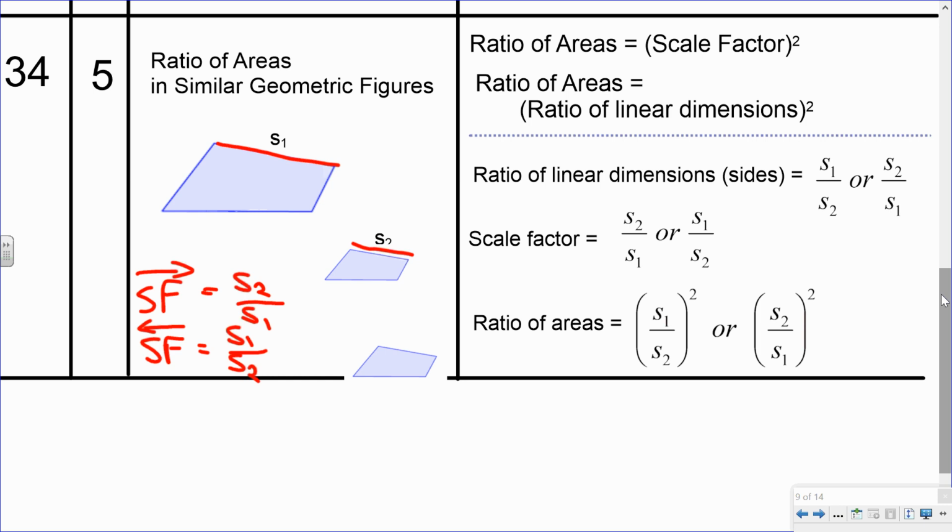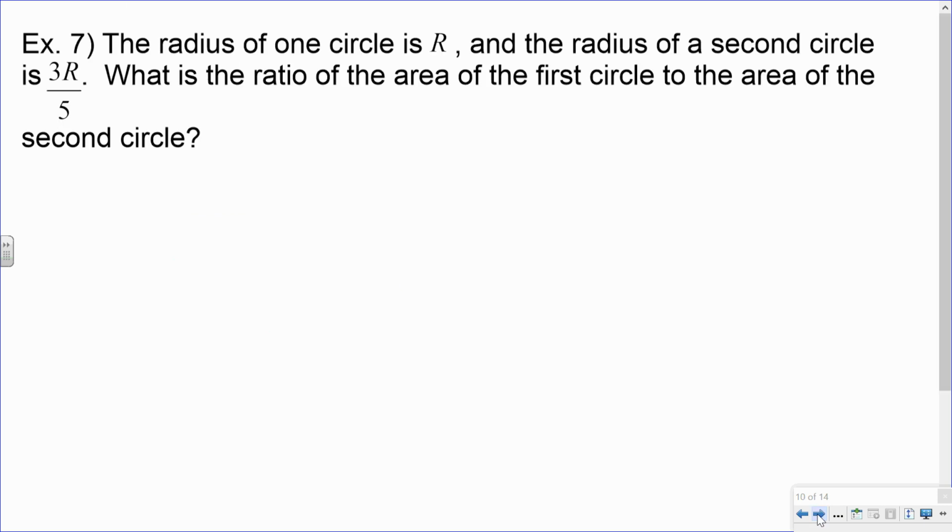So we take the ratio and we square it to get the ratio of the areas. So we've got one circle, and its radius is r. Second circle has a radius 3/5 r. Will it be bigger or smaller?